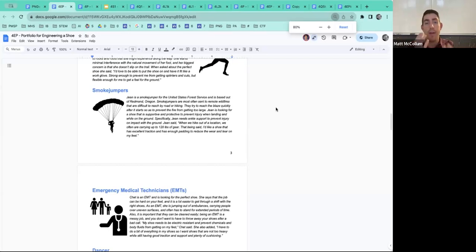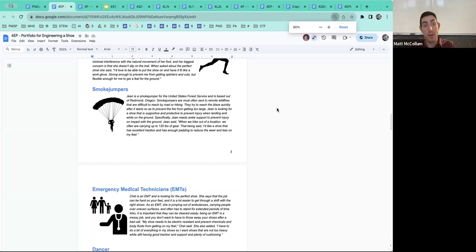Those all have different trade-offs. The smoke jumper needs cushioning, but the lighter the better, and more support. And so there's a trade-off there. Within each of those readings, there are some hints and clues and things that students need to make inferences about and start to think about what their design priorities are.